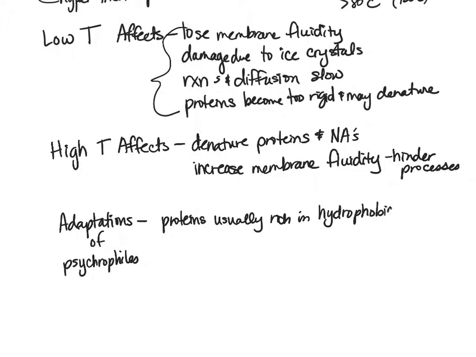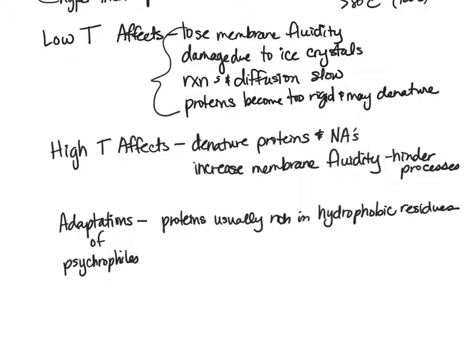If they are rich in hydrophobic residues, it's going to be sequestering itself more away from water, which would be freezing and forming those ice crystals, and kind of sequestering itself with other hydrophobic regions.